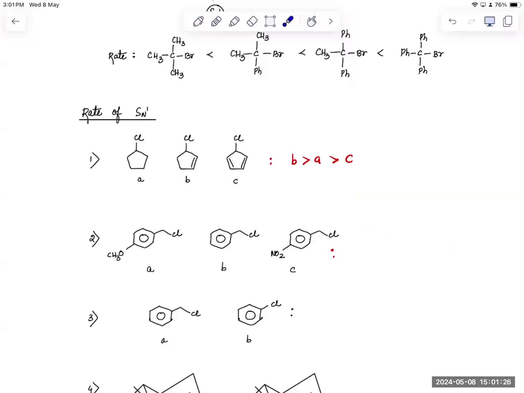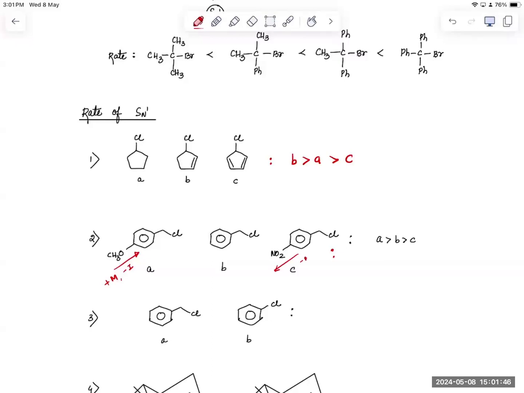Done. So if you notice the second one, you'll find between these two, OCH3 is a donating group. It is donating by plus M and withdrawing by minus I, but overall it is a donating effect. NO2 is an overall withdrawing effect.